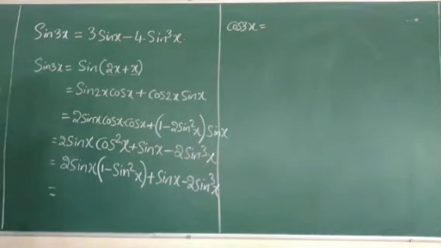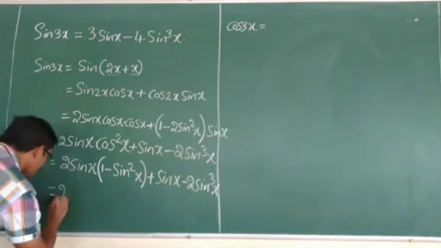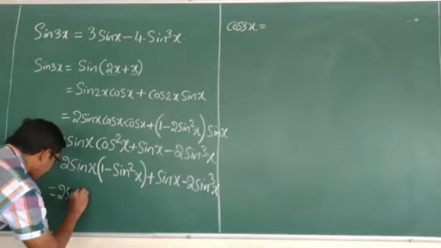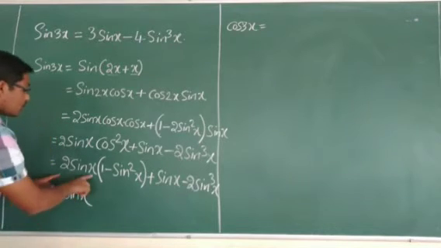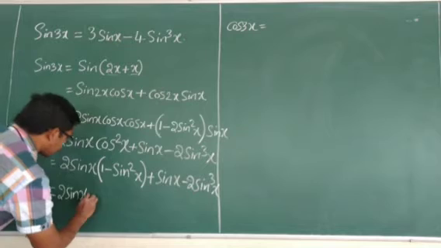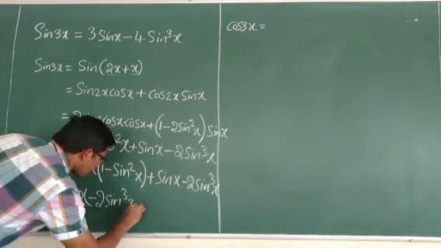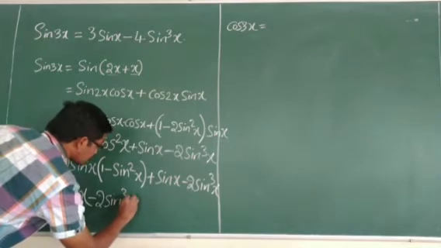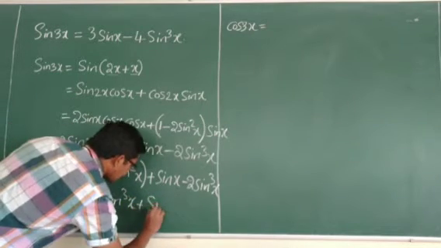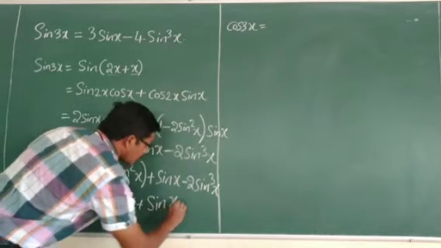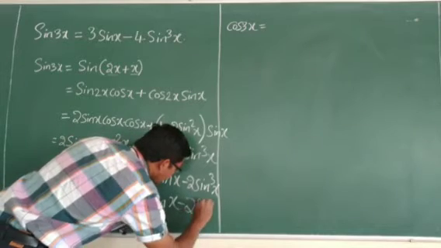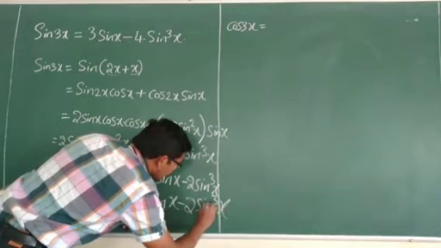So this is equal to, again multiply this, remove the bracket, 2 sin x into 1, 2 sin x, 2 sin x minus sin square x minus 2 sin cube x plus sin x minus 2 sin cube x.